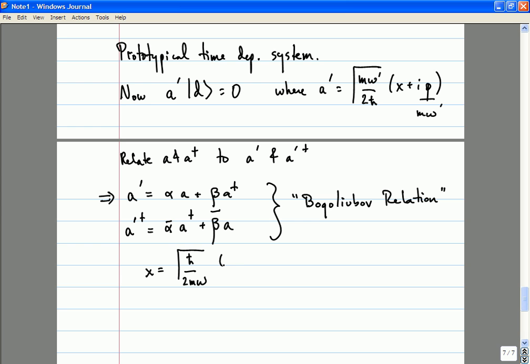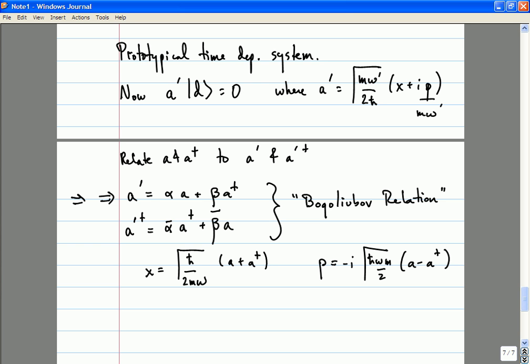X is like the real part of A, and P is like the imaginary part of A. So you could just take these two formulas for X and P, plug them into the formula for X prime to determine what the coefficients alpha and beta are in this expression.